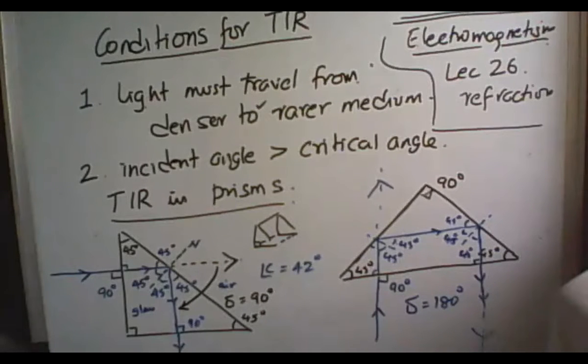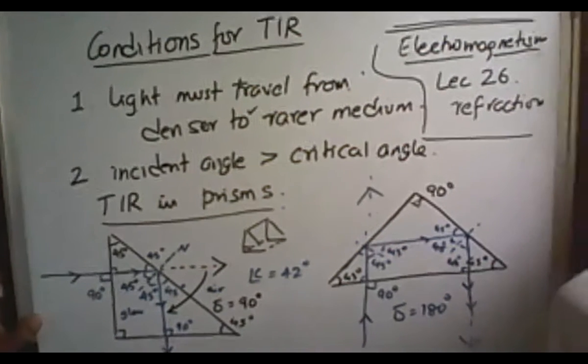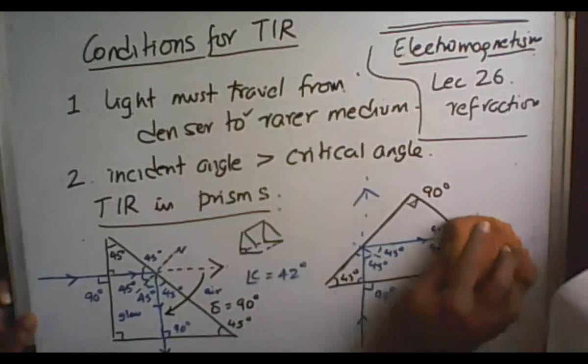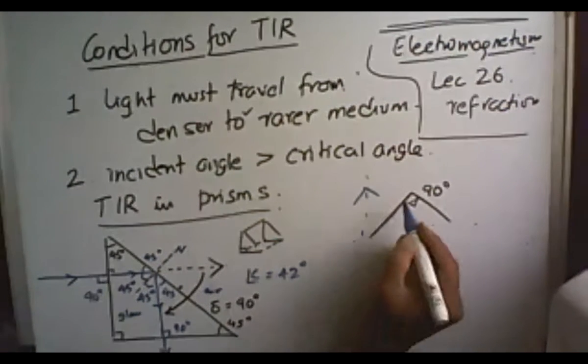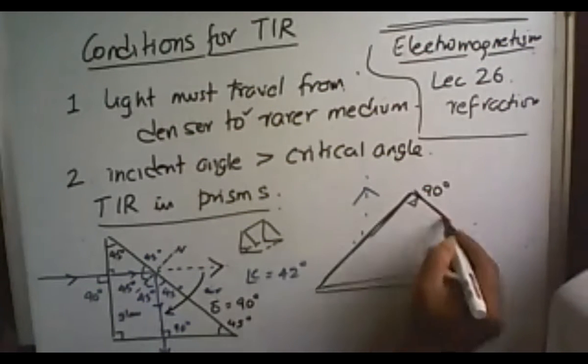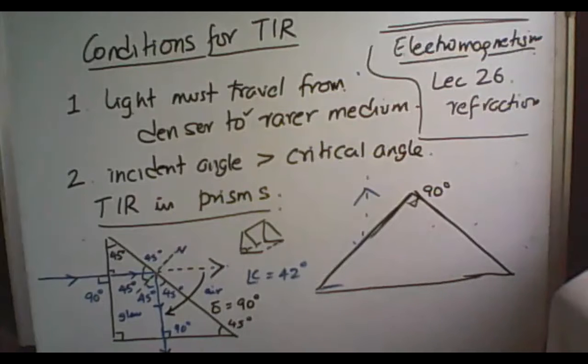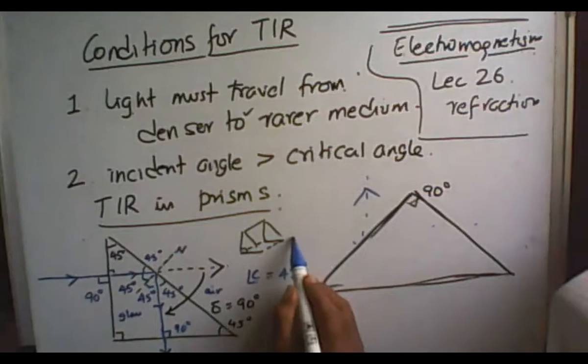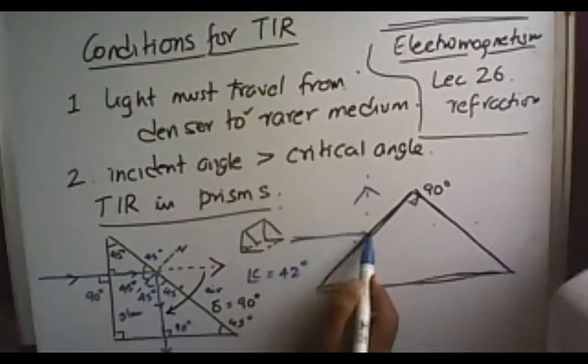arrangement of the prism. If you have a light ray, okay, I'll just show it very quickly. Same arrangement. If you have a light ray which is coming parallel to the base, right?